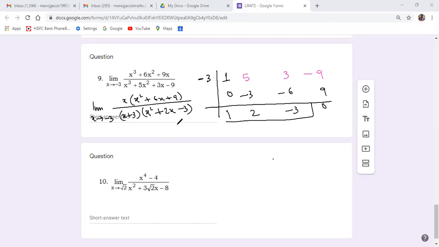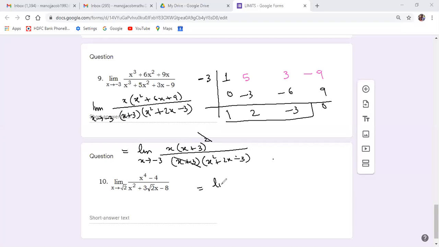Is it okay? Any doubt? Now x into x plus 3. x into x plus 3. The numerator becomes x plus 3 the whole square. Put in minus 3, what will you get? These both cancel.